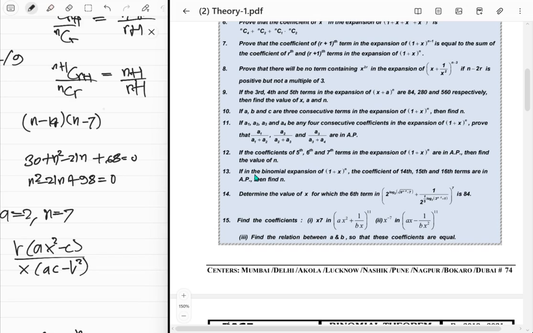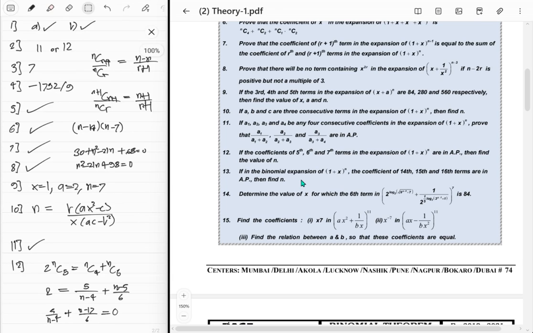Equal to 0. So N is equal to 7 or 14. Now, which of these makes sense? Seventh term cannot be if N is equal to 7... no, it actually can be. There are going to be 8 terms, so it's also correct. So you got two values for this. Both of them must be correct because in that formula as well, I remember we used to get two values. So this should be correct.